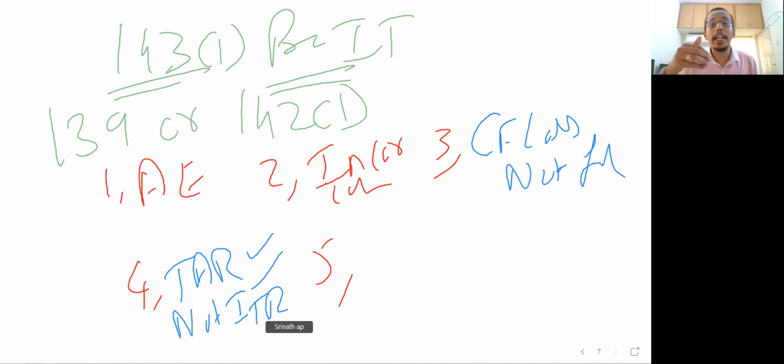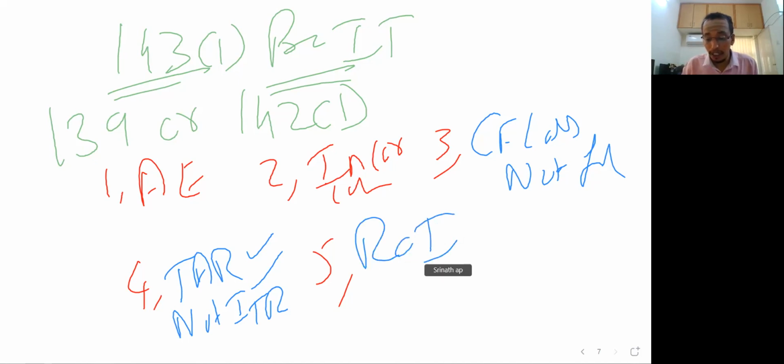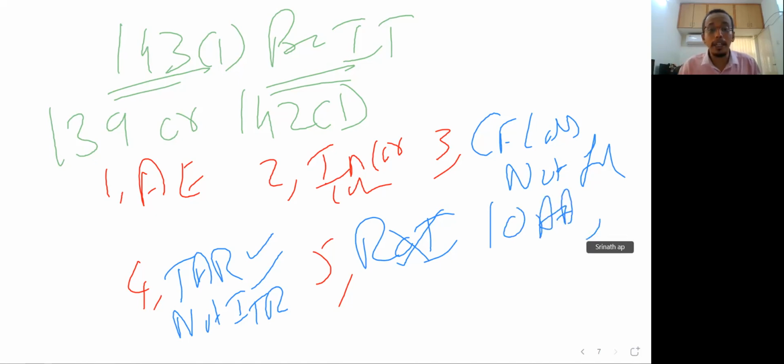Then again it can be processed. Then the fifth one: return of income not filed on time, but the assessee is claiming deduction under section 10AA, or claiming Part C of Chapter 6 deductions.